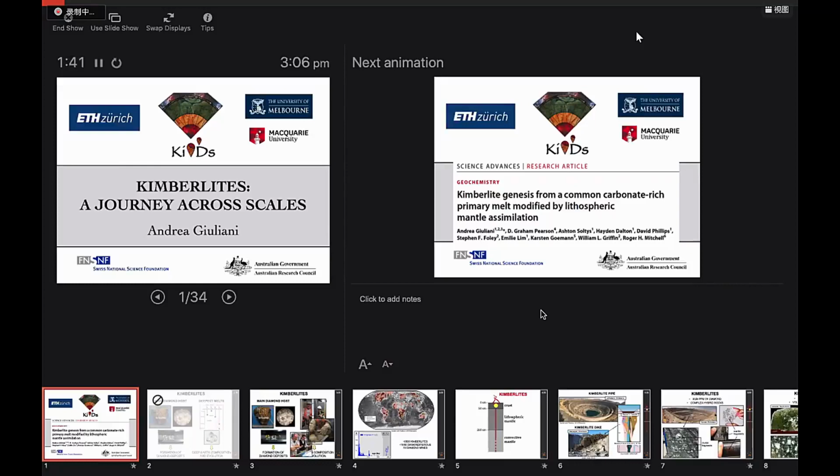Before starting, I should thank the Australian Research Council for funding my previous research activities, as well as my former hosts at the University of Melbourne and Macquarie University, and also the Swiss National Science Foundation for funding my current activities.